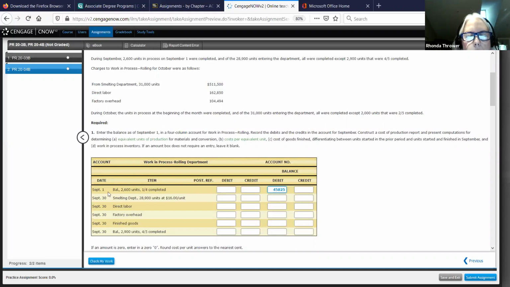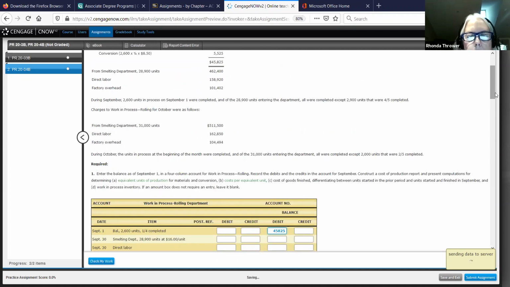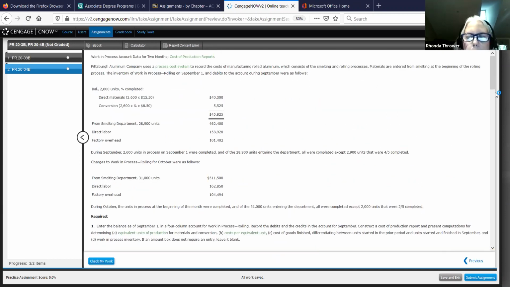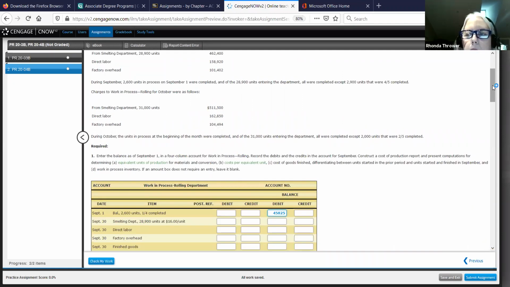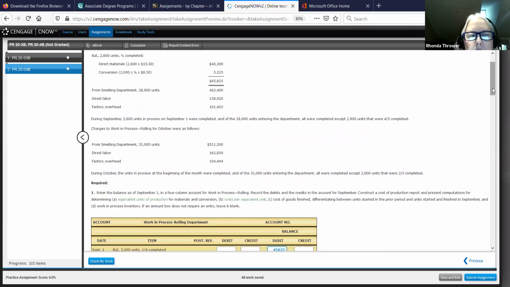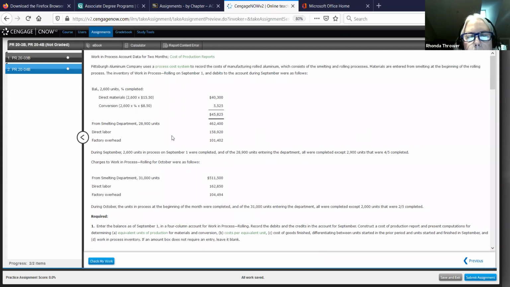And then on the second part of this, from September 30th, the smelting department sent us 28,900 units at $16 a piece, and those units are going to have a cost associated with them. So remember that we are the rolling department, and we have received some materials from the smelting department.